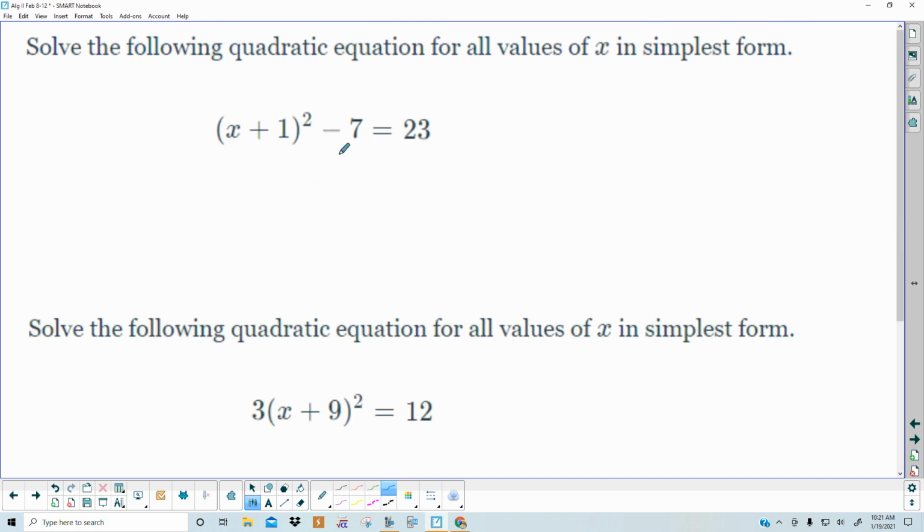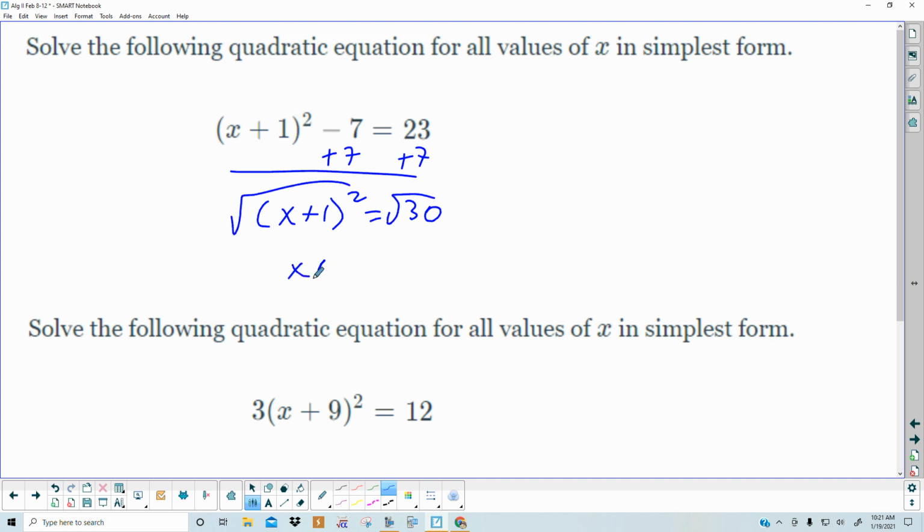Showing you again, I'm going to add 7 to both sides first. And you get (x plus 1) squared is equal to 30. When you square root both sides, you get x plus 1 equals positive or negative, and this doesn't simplify. It just stays the square root of 30.